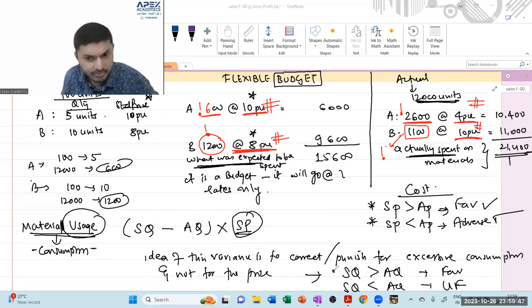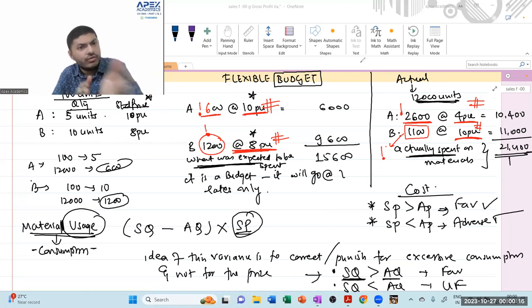And if standard quantity is less than actual quantity, it is bad, it is unfavorable. Agreed or disagreed? Please tell me that. It's a basic arithmetical business sense. I hope everybody is understanding this concept. Actually, if you consumed less than what was expected, less than what you thought you would spend, it is good for you.